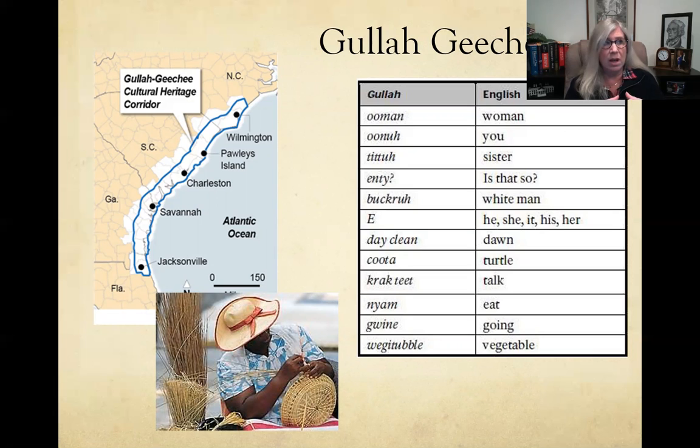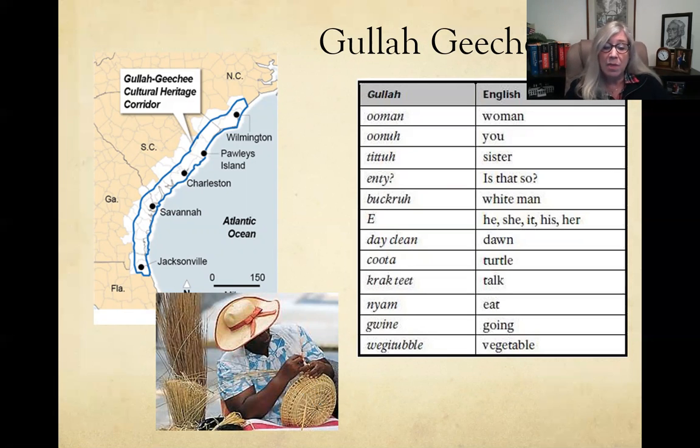And it was almost an isolated community that was pretty much undisturbed for a long period of time. And anthropologists and sociologists have gone to study Sapelo Island and the language itself that's been preserved there. Notice this woman down here who is making a sweetgrass basket. If you've ever been to Charleston, it's all over.